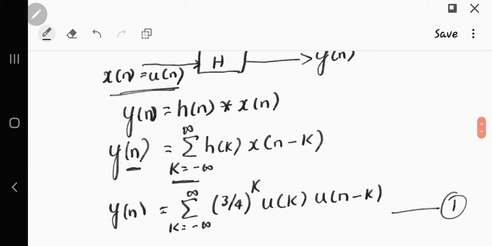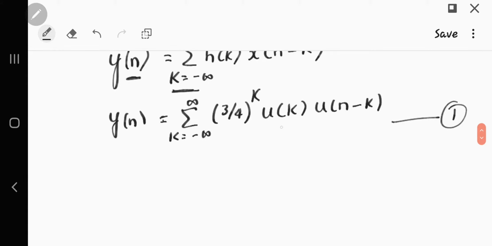Okay. Now observe here, this u[k] and u[n minus k], both of them are unit step functions whose value will be equal to 1 for a certain duration. Now I will be taking these two signals. I want to find the limit, up to which limit the value of u[k] and u[n minus k] will be 1.